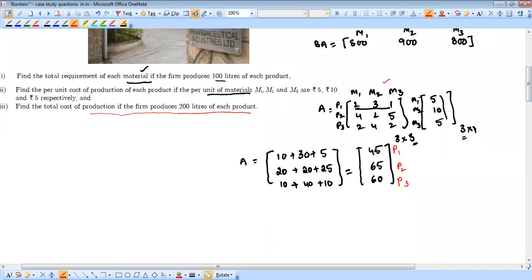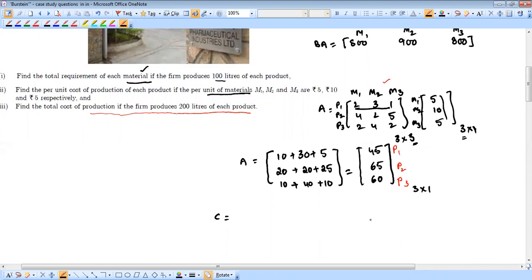Now we have to take another matrix. So let me take another matrix as C. We have that matrix product. This order is 3 into 1. And they're asking total cost.